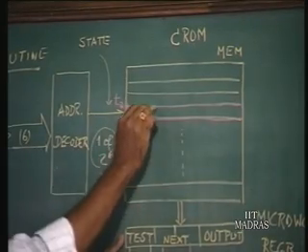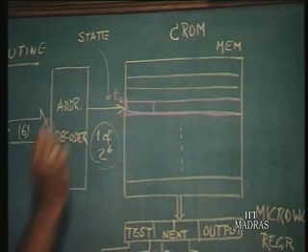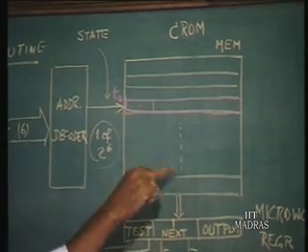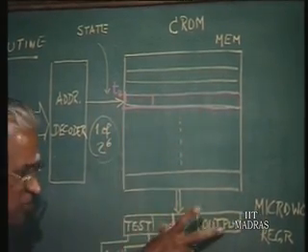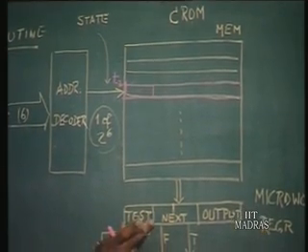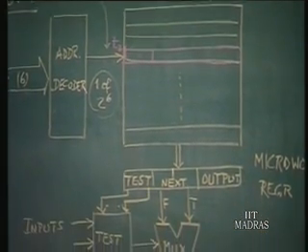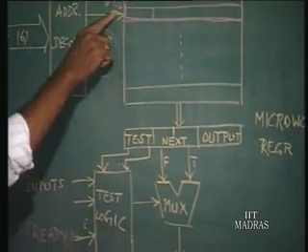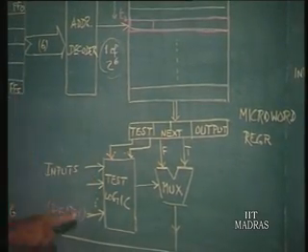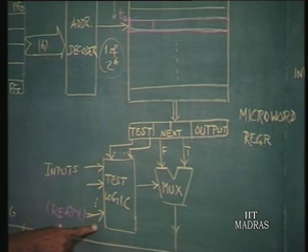The test field in this must indicate that in T2, ready is a signal which must be tested. So this whole word comes down here, and this test field will indicate ready is the input which must be tested given the state, and the actual input signal will be going to this logic.